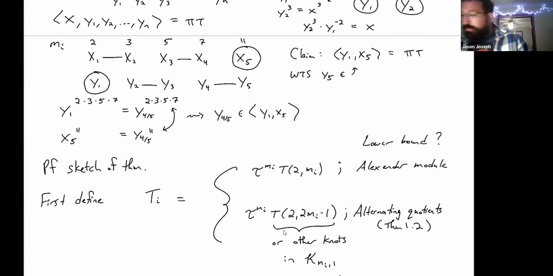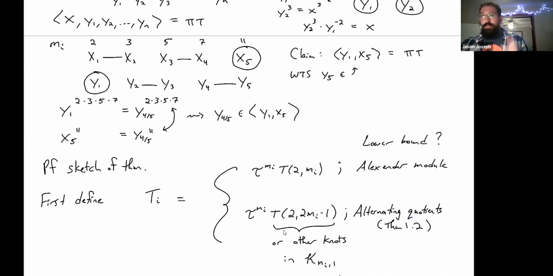You can either use the m_i twist spun T(2, m_i) torus knot, which has a nice lower bound coming from the Alexander module, or you can use the m_i twist spun T(2, 2m_i minus 1), or other knots in this K_{m_i,1} family, and use the alternating quotients that I mentioned earlier.